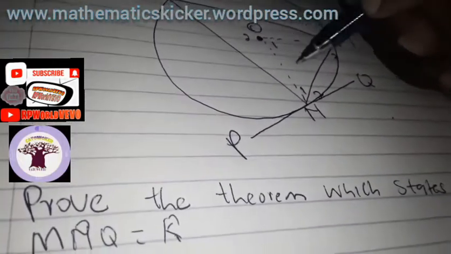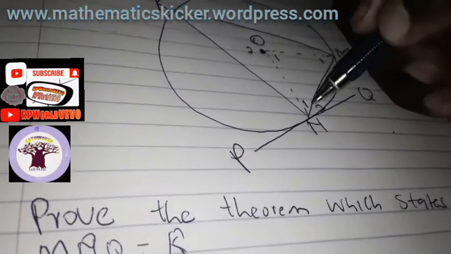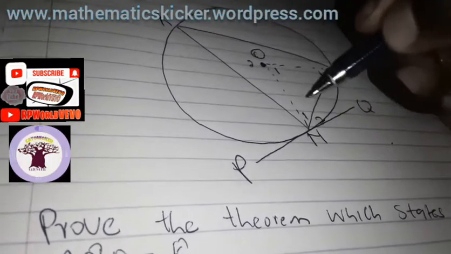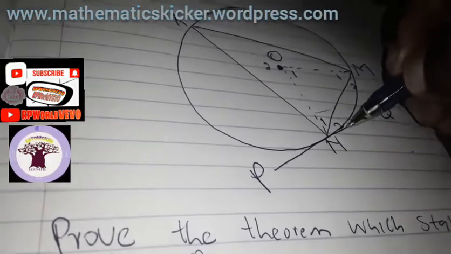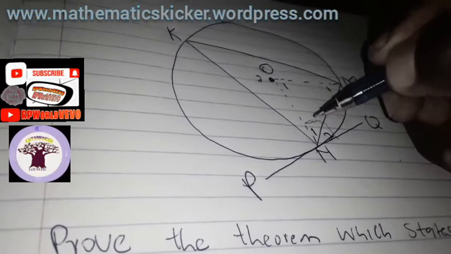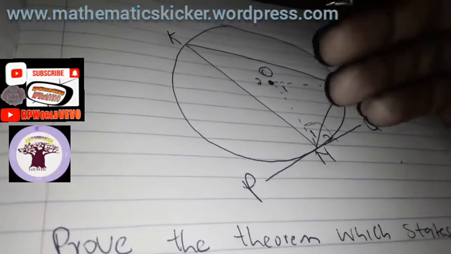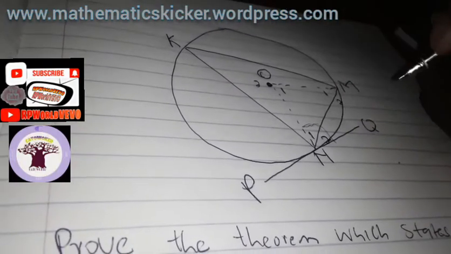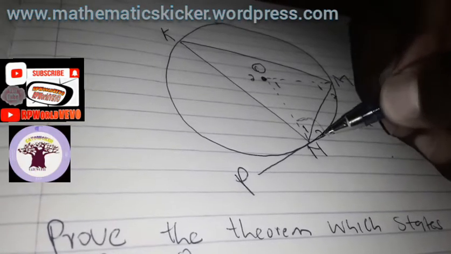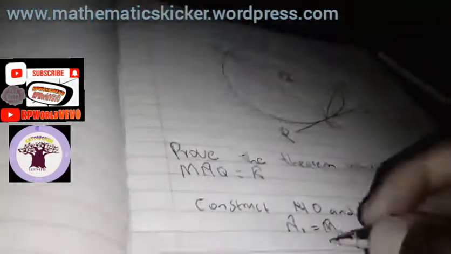And again, we have a radius. This radius is perpendicular to this tangent, which means we have an angle of 90 degrees here. This is the tangent radius theorem. Then we can conclude that angle N1 plus angle N2 equals 90 degrees.